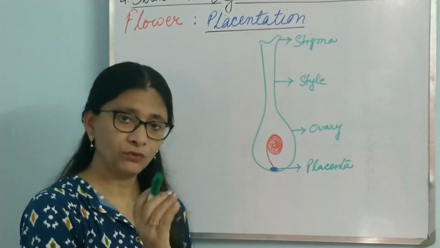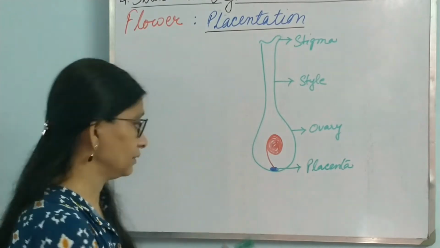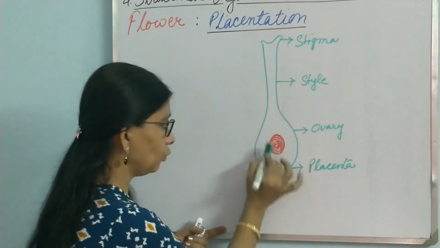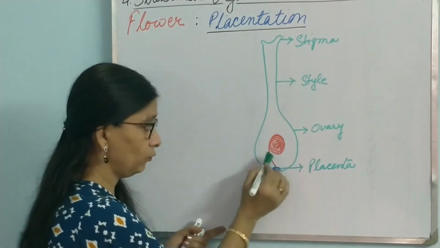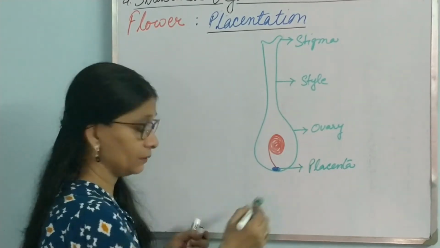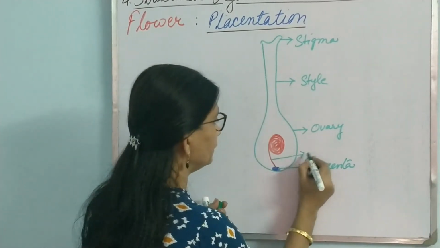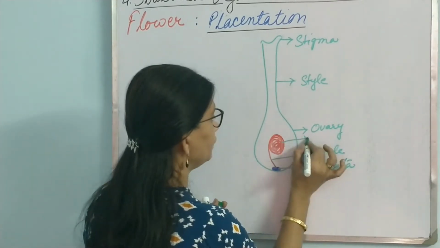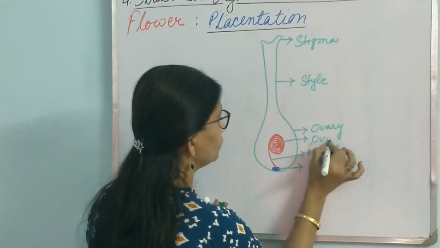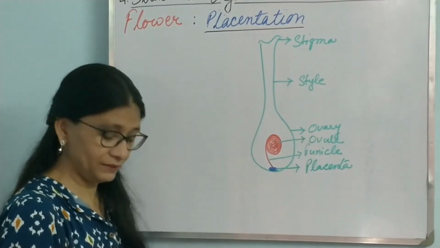Same here. That region of the ovary where the ovule is attached is known as placenta. And the connection is known as funicle. And this is the ovule. So this is placenta. I hope it is clear.